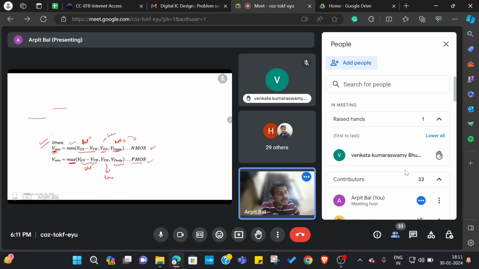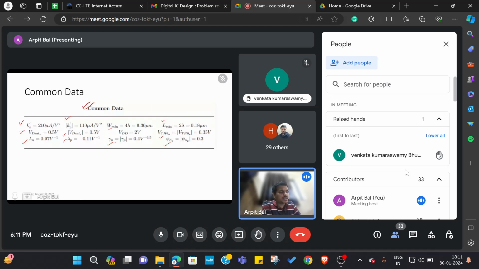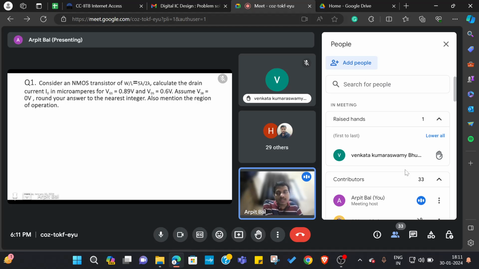If VD sat PMOS is maximum, then it is going to be in velocity saturation. Okay, sir, it is clear. It will be more clear when we are solving the problem. You can draw a parallel analogy with how it is solved for NMOS, and the PMOS question, I think question number 4, will help you to understand it better.